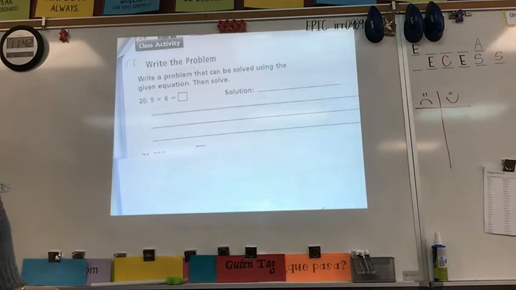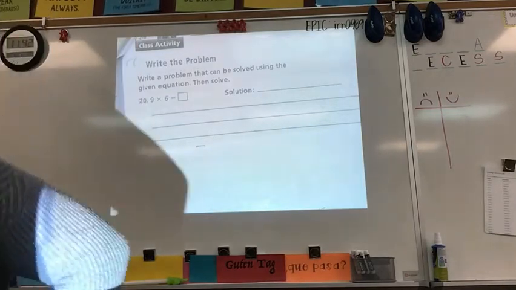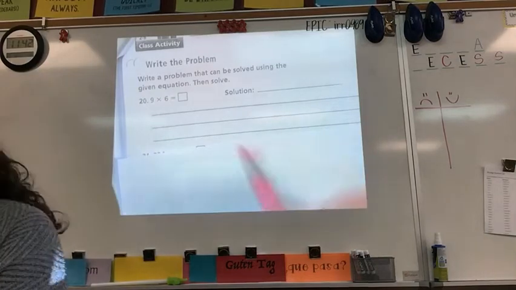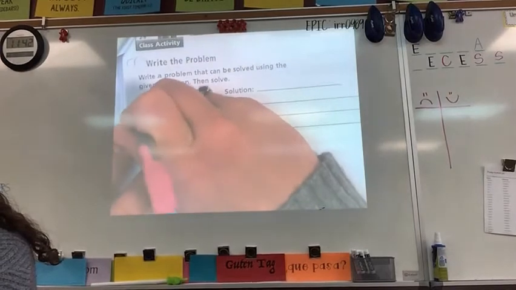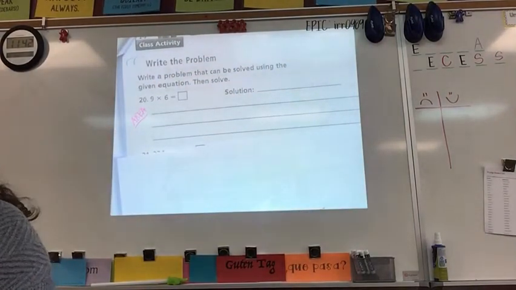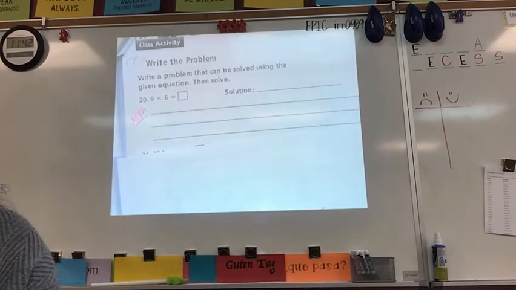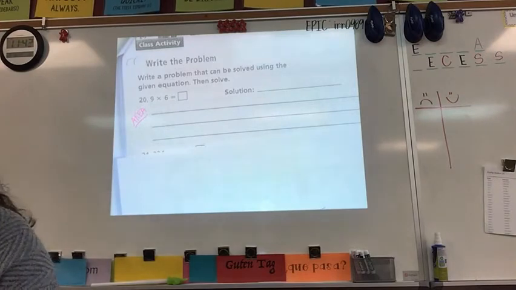You guys don't need to write this one out. I just want you to see my example. I thought of this and I realized I want to do area. I'm jotting it here to remind my brain that this is what I'm doing, so that I know my word problem has to be area. Would yours have to be area? Nope. I just decided that's what I'm doing because it's one way to multiply.